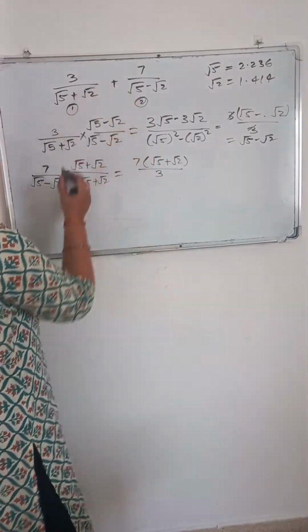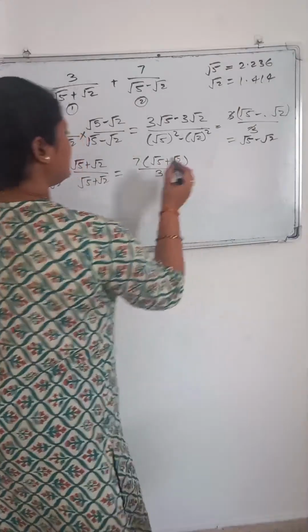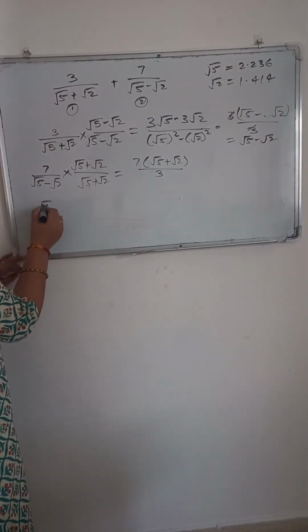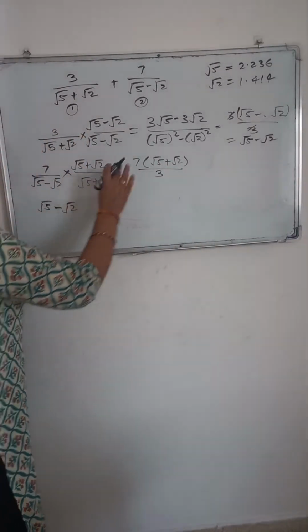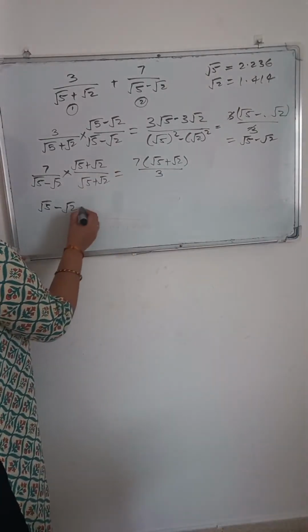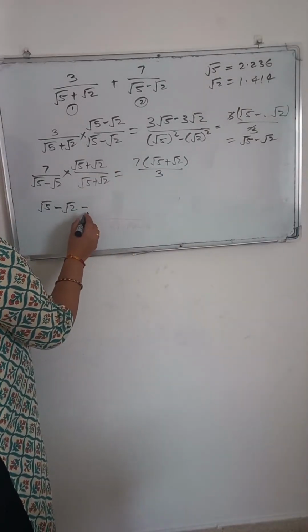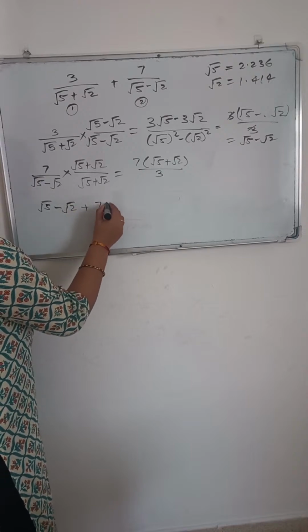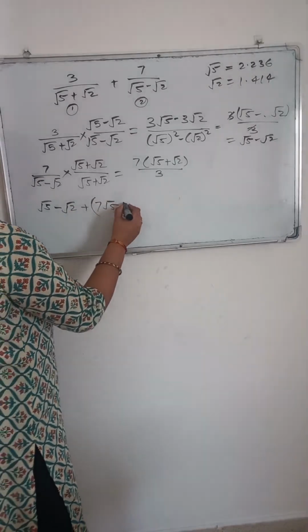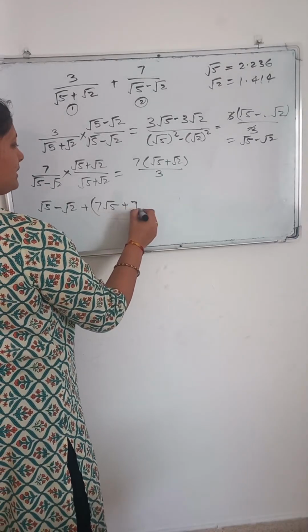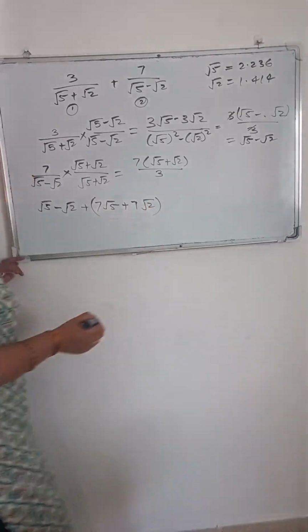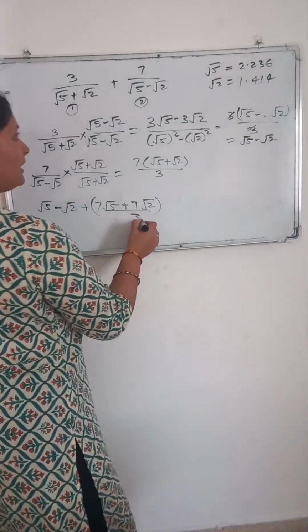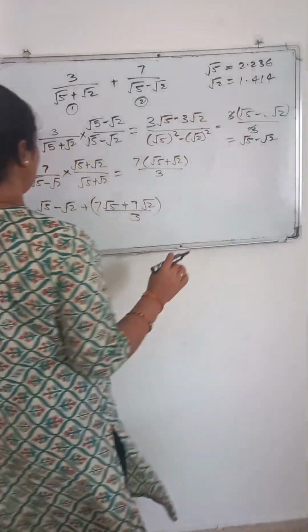Now they both are added here, no? So I will write root 5 minus root 2, and now 7 you can multiply, plus 7 root 5 plus 7 root 2, divided by 3.